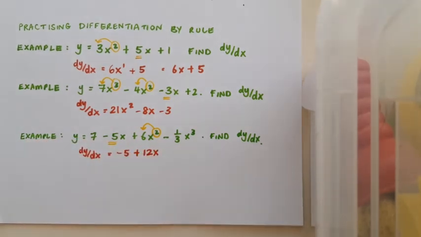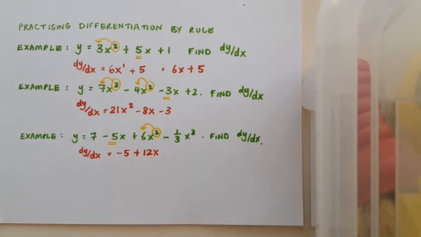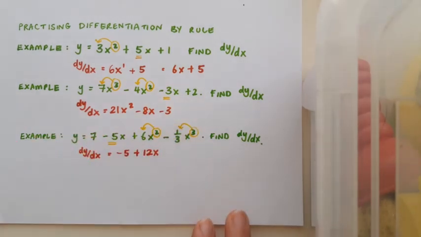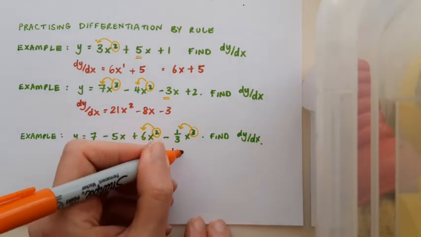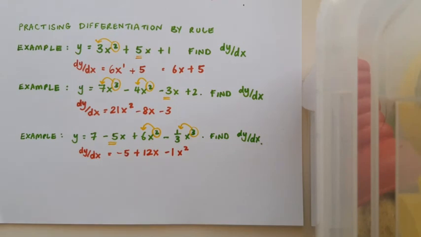And I can drop the power by 1. Again, that 1 is optional. You can write it in or you can leave it out. And then finally, that 3 is going to come down and multiply by the minus 1/3. That's going to give me minus 1 and drop the power by 1. So I've got squared. At this point, you should go to your book on page 516 and complete questions 1 to 21.